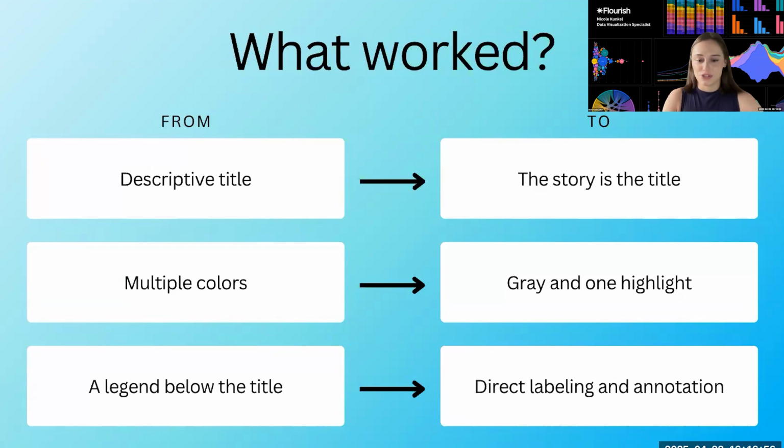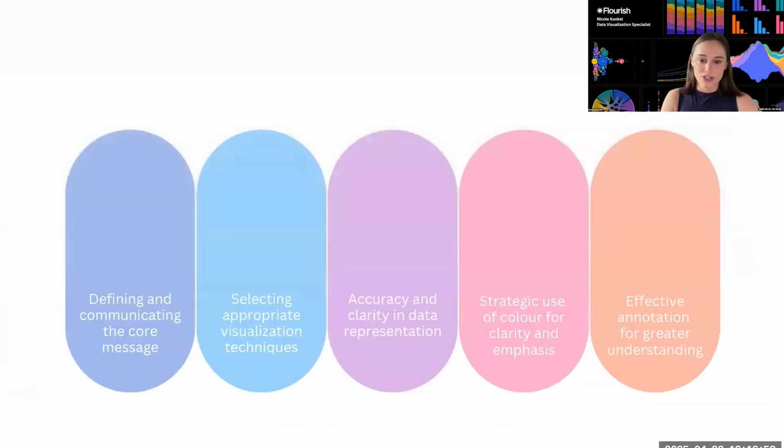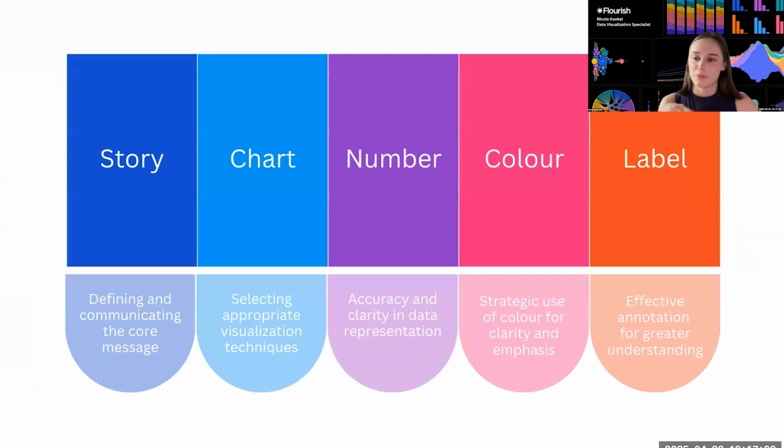All right, how did I know to do all of this? At Flourish, we've come up with a 5-point framework. So think about these 5 things as you move forward in designing any sort of data visualization, starting with defining your story, then choosing a particular chart type that suits that story's needs, making sure that your numbers are accurate, transparent, and easy to follow, using color effectively, and using your labels effectively as well.